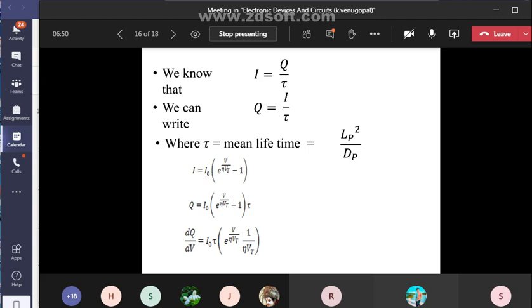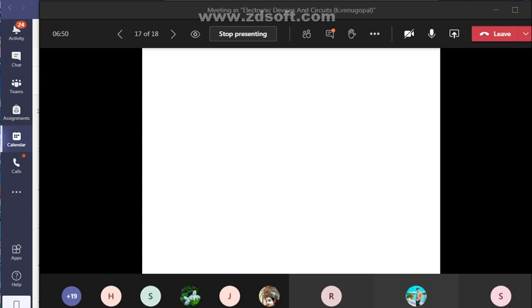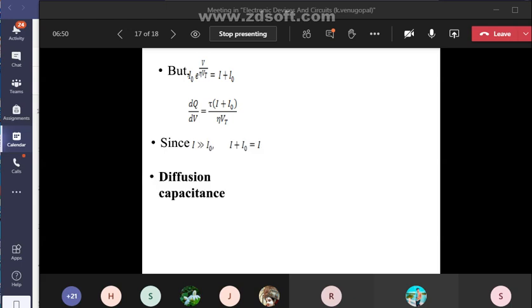So dq by dv equal to I naught tau into e power v by eta Vt into 1 by eta Vt. But I naught into e power v by eta Vt equal to I plus I naught. So dq by dv equal to tau into I plus I naught by eta Vt.